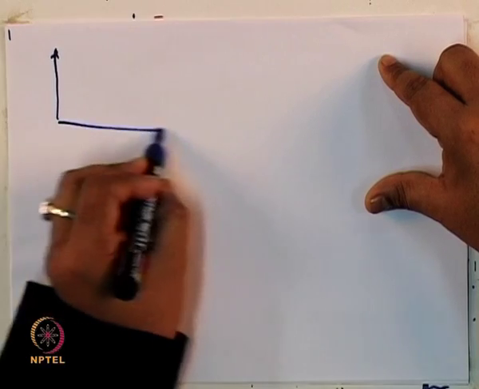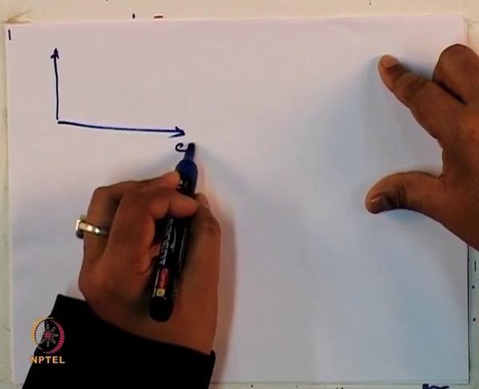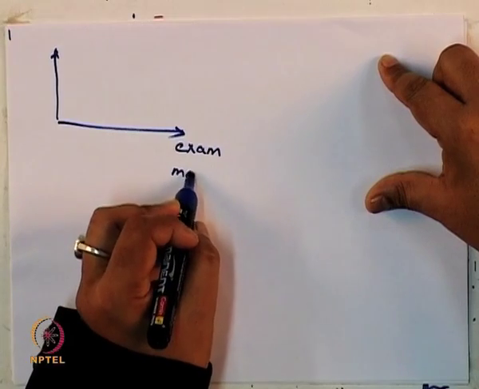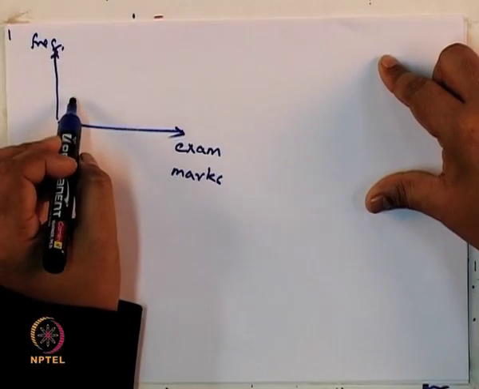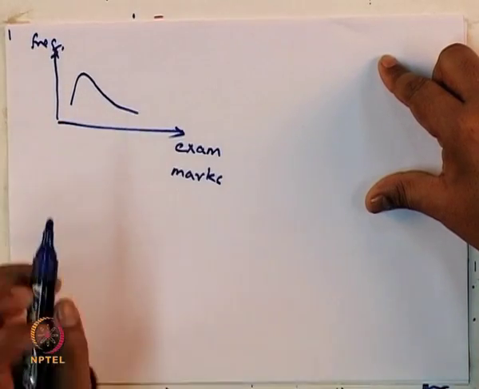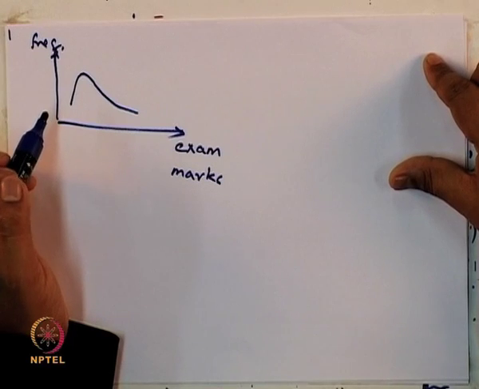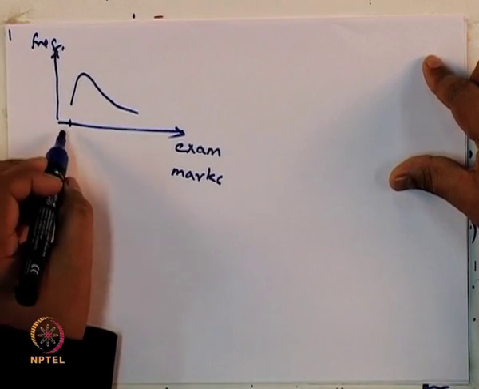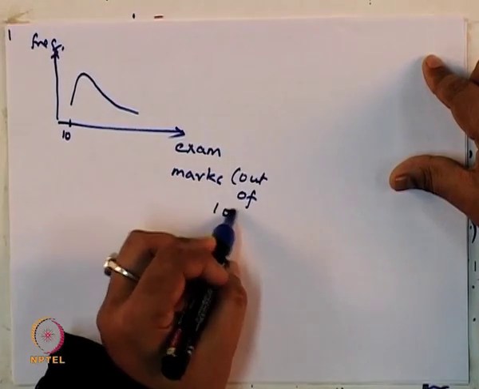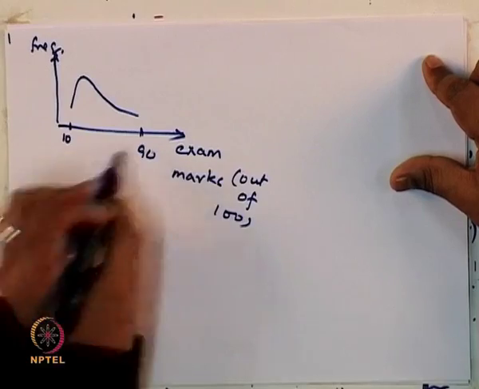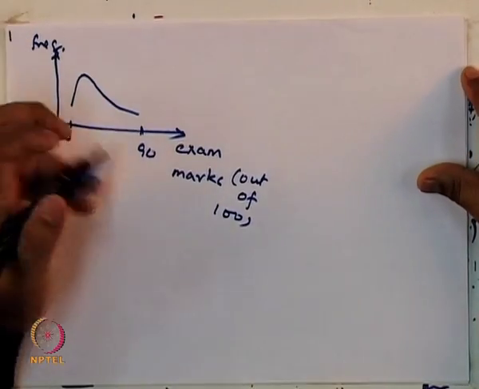So, if we think of why probability might be important, let us say you have collected the distribution of scores. So, this is exam marks and this is your frequency, and let us just say this is how your distribution looks like. Let us say the maximum is 90 out of 100.